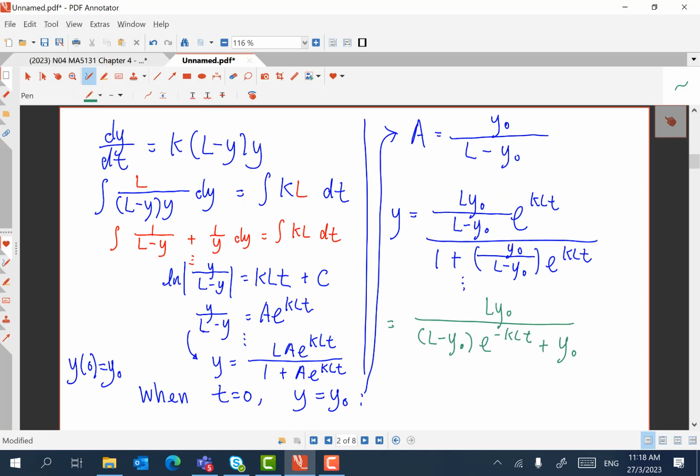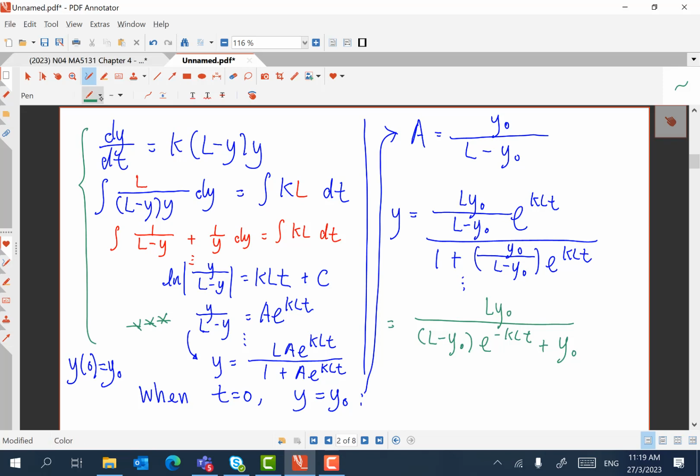You realize that it's very much just arithmetic. If you ask me where the DE component is, the DE component is only here. The rest of them is just algebra. If you can obtain up to this line and you can't bring yourself through to the last line, it's actually a calculation. You can do it slowly. If you exercise a bit of care, you will be able to get to the green line.